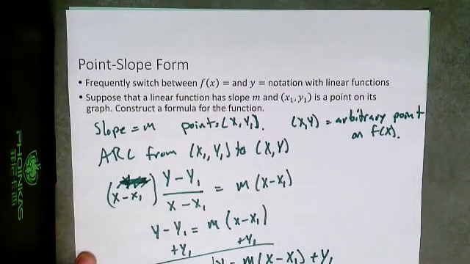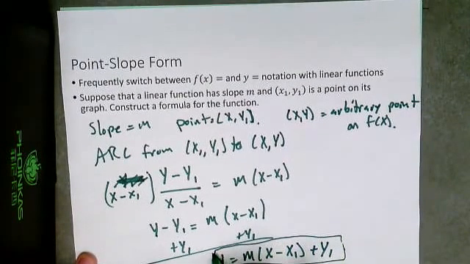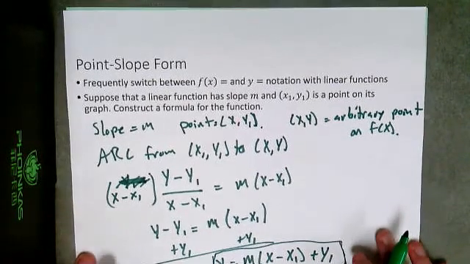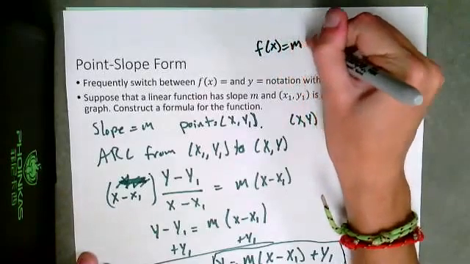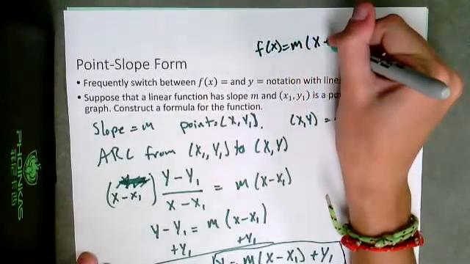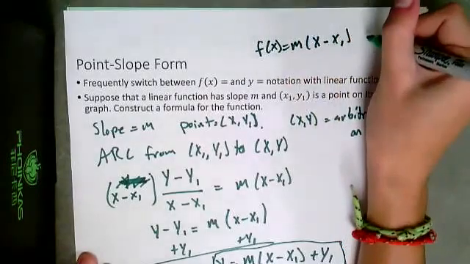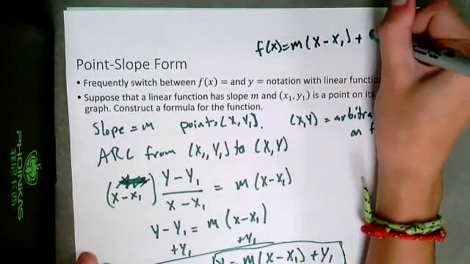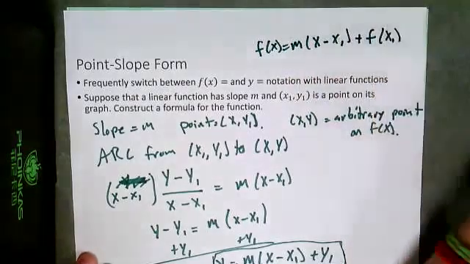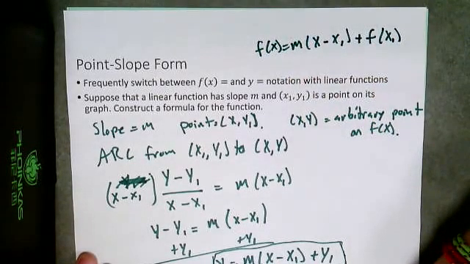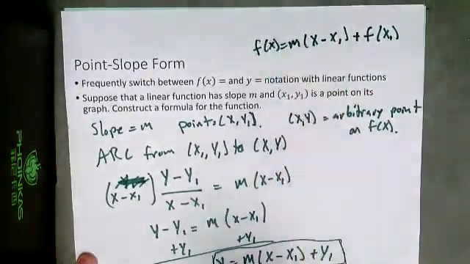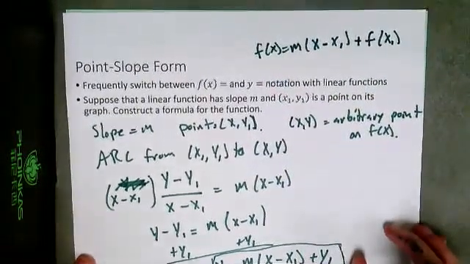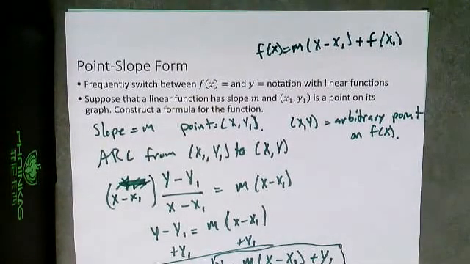But hey, we get point slope form, right? And so because we switch between f of x and y, another way to write this is f of x is equal to m times x minus x1 plus f of x1, right? This is the same as y1. This is the same as y. Same thing. Okay.